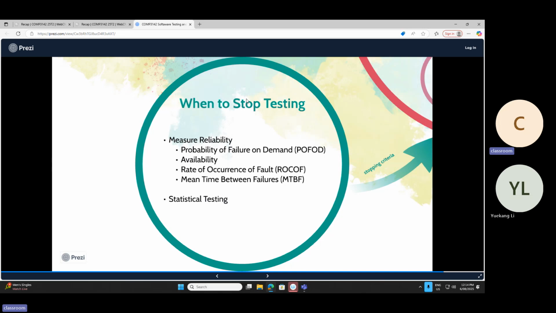So there are different metrics here for measuring reliability. The first one is the probability of failure on demand, which is the number of failed requests divided by the number of total requests, right? And availability is related to the on time and off time of the system.